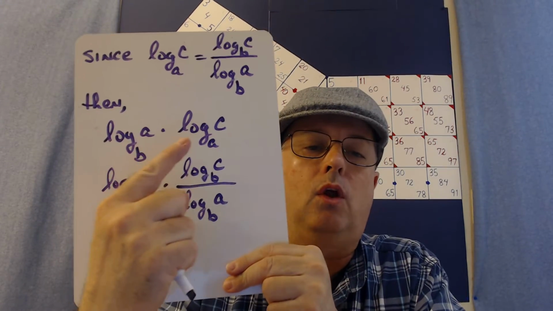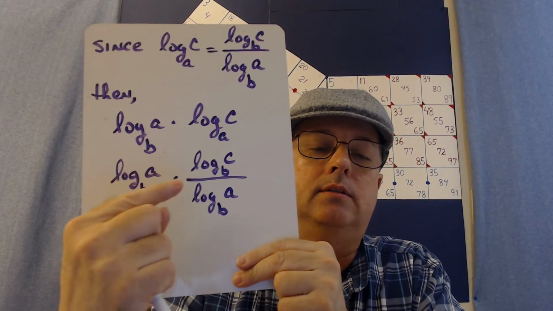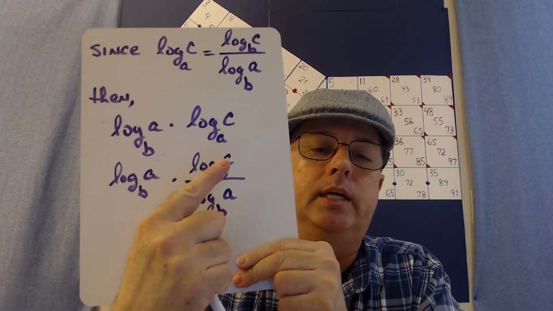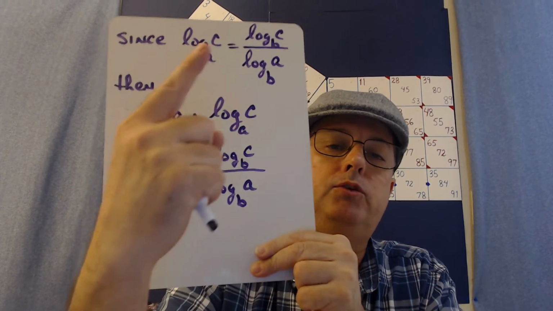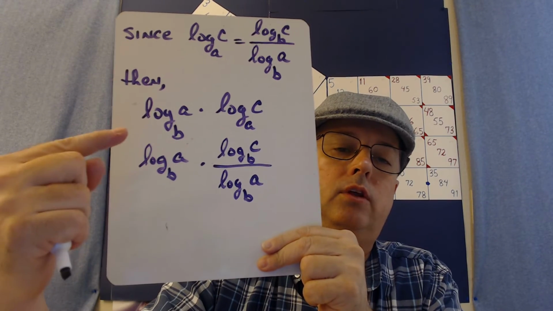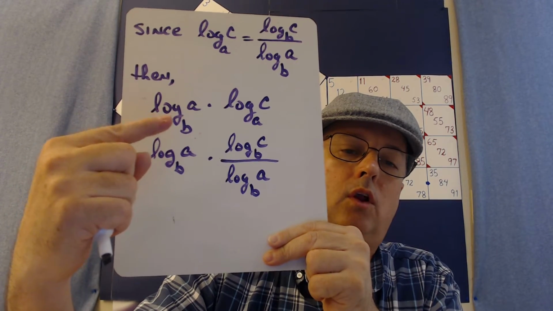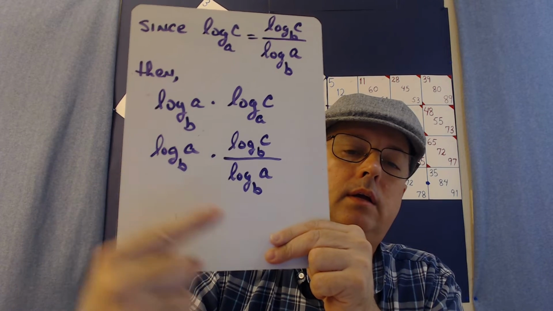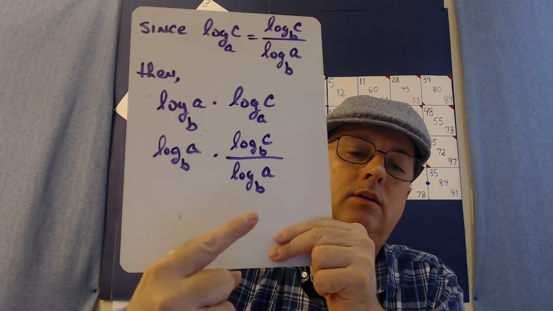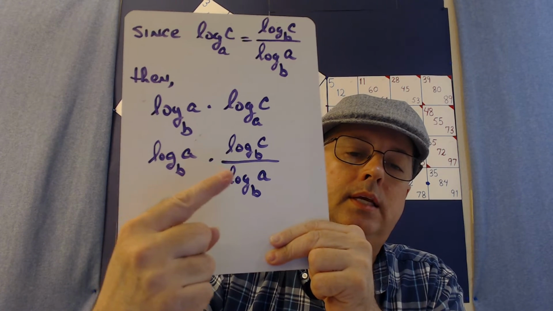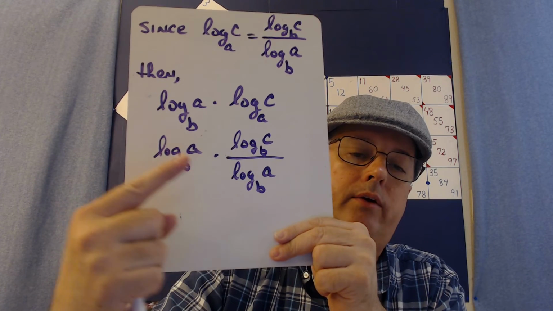Okay, so the log base A of C is the same as the log base B of C over the log base B of A. And then we just brought down the log base B of A here. Now notice, because I changed it from base A to base B, this is in the denominator and this is in the numerator, and so those divide out.